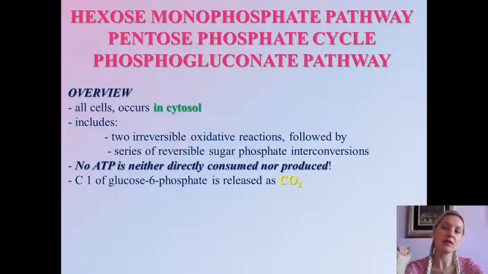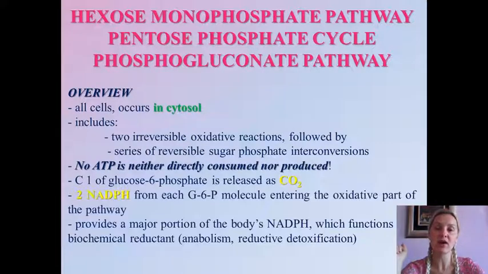The second aim of this pathway is the formation of the NADPH coenzyme. So two molecules of NADPH are derived from each glucose 6-phosphate molecule entering this hexose monophosphate pathway. This is important because this pathway provides a major portion of the body's NADPH.